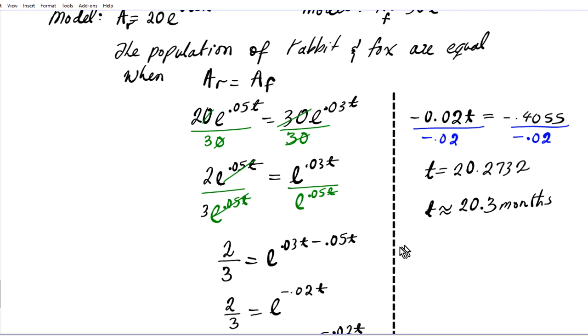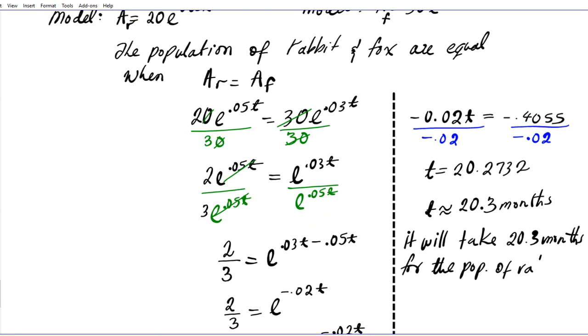It will take 20.3 months for the population of rabbits and foxes to be the same.